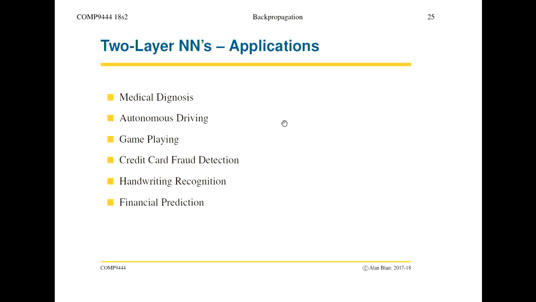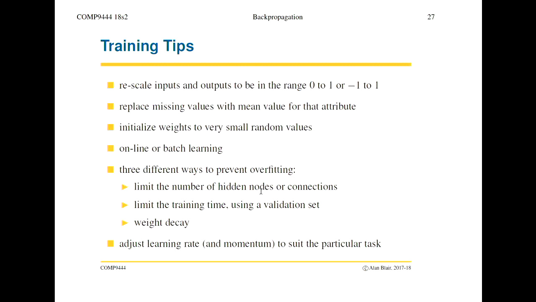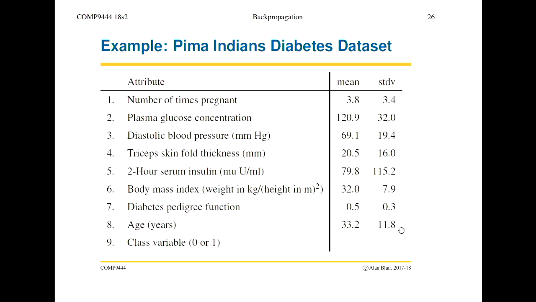But in the old days when people only had two-layer networks, these were the kind of tasks they often applied neural networks to: medical diagnosis, autonomous driving, financial prediction, and so on. So I'm just going to talk now a little bit about training tips that are used when we train these networks, because these principles are still relevant today.